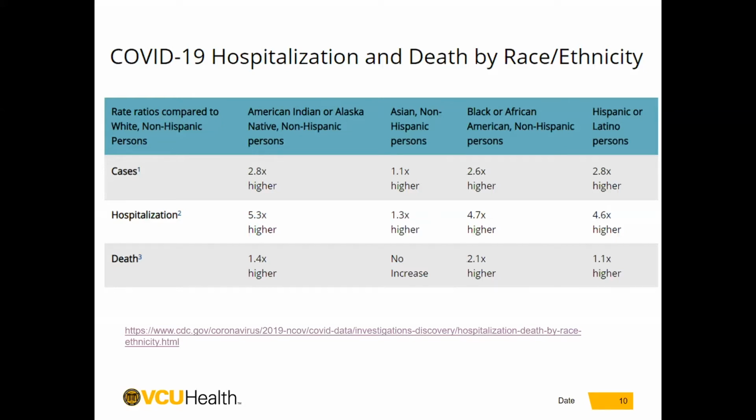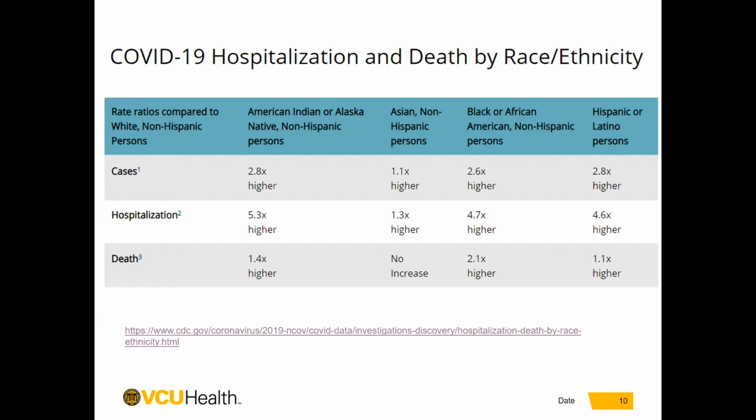African Americans, 4.7 times higher, in our Latino population, 4.6 times higher than whites. Also, when it comes to cases, you can see the disparities across people of color versus whites, and also from a death perspective, 2.5 times higher for African Americans than for whites. These are all disturbing statistics.